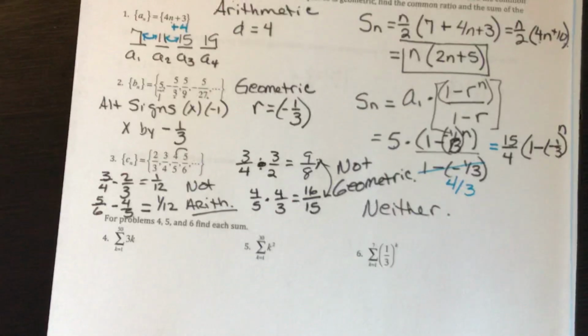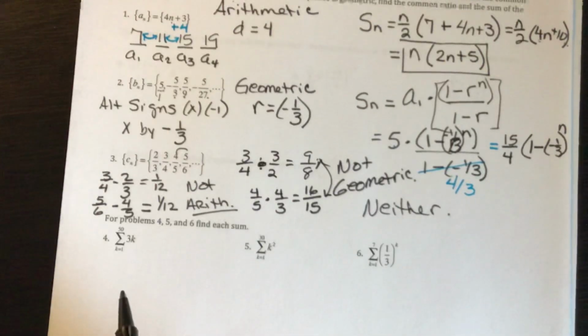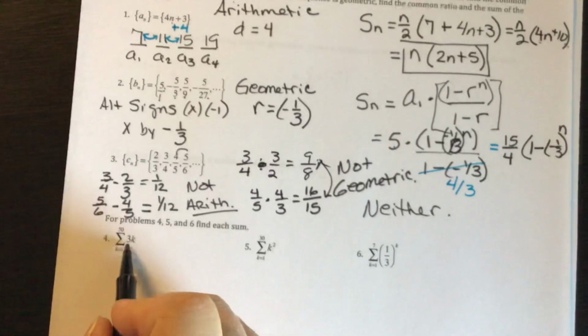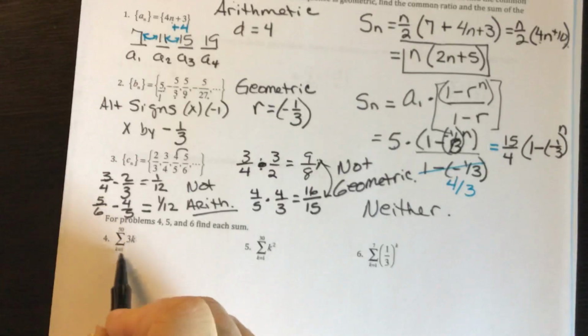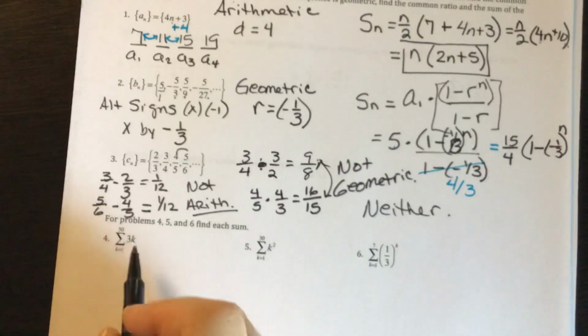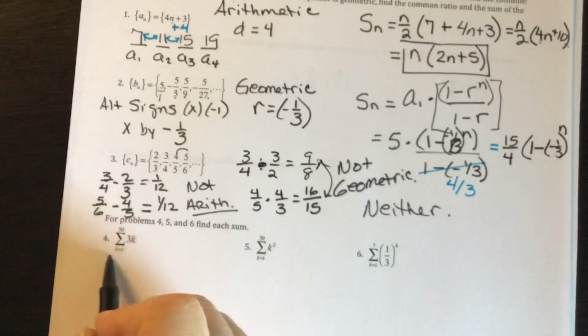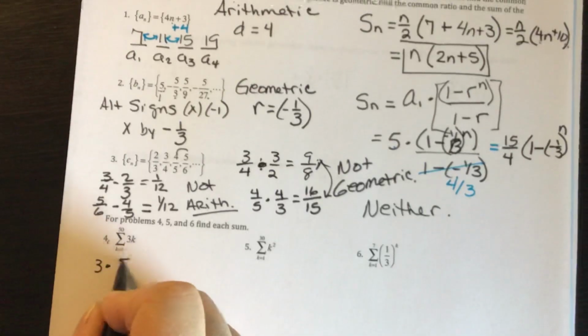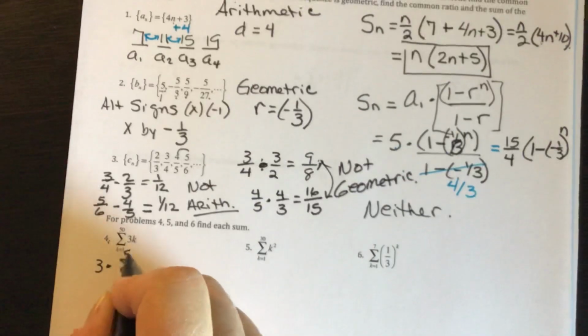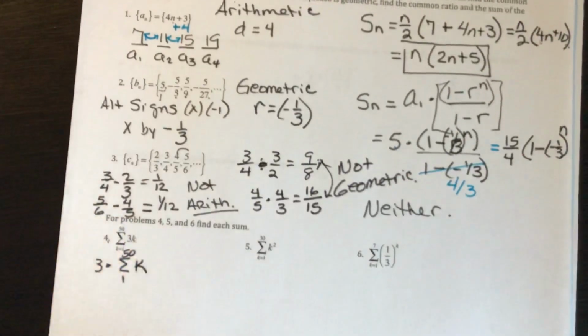So on number 4, if we use the properties that we have in our notes, this is 3 times k, and to find the sum from 1 to 50, I can just pull this constant 3 out and multiply that by the sum from 1 to 50 of k.